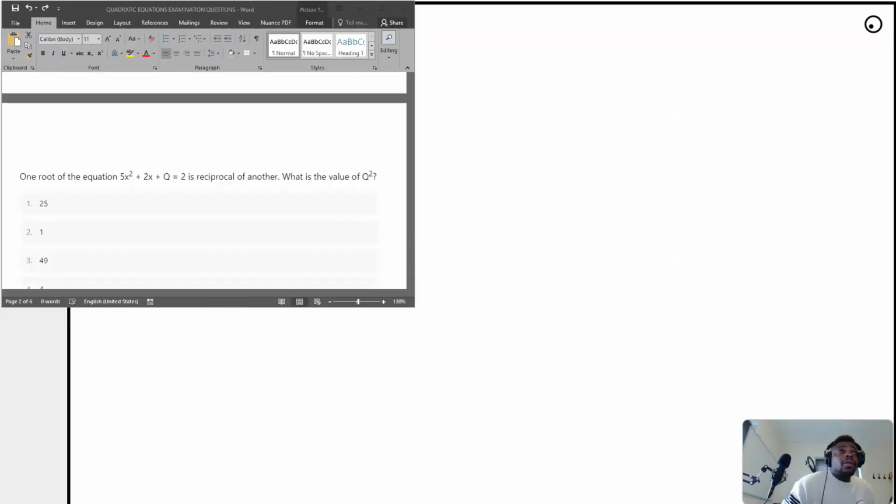Now, next question. One root of the equation 5x squared plus 2x plus q is equal to 2 is the reciprocal of the other. So they are telling us that if the roots of the equation are alpha and beta, for example, one of these roots is the reciprocal of the other.